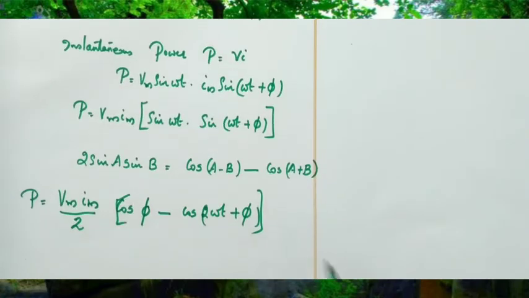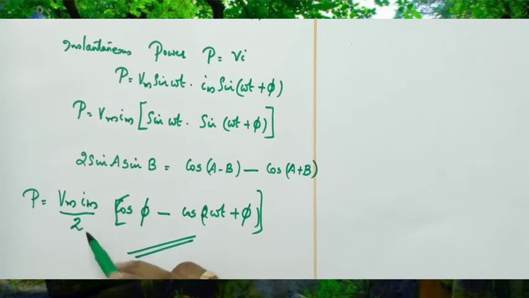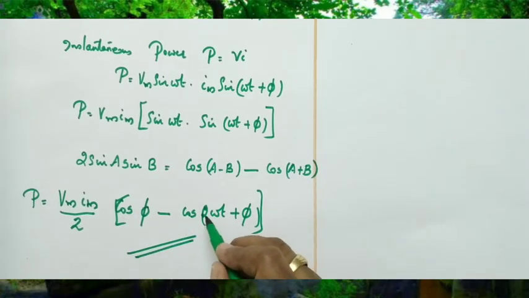So, instantaneous power P equal to Vm Im divided by 2 into cos phi minus cos 2 omega t plus phi. So, this is instantaneous power.